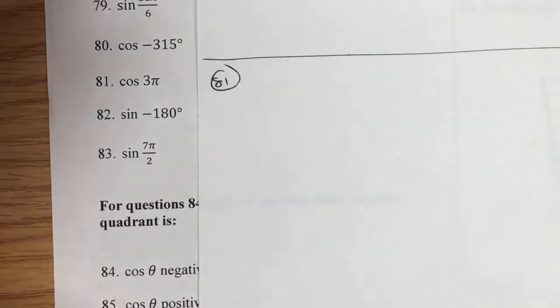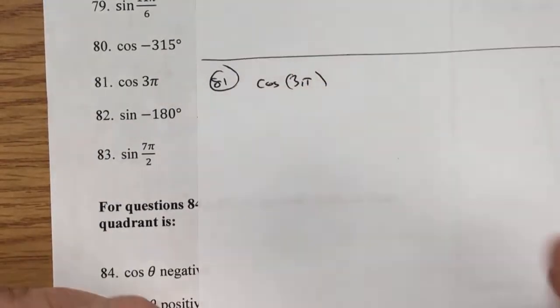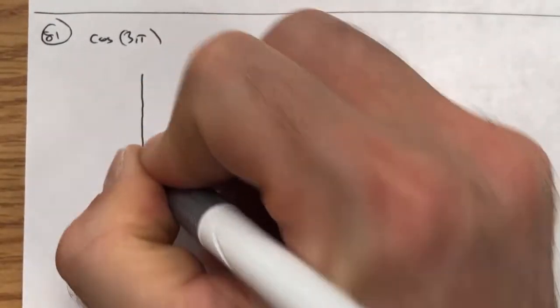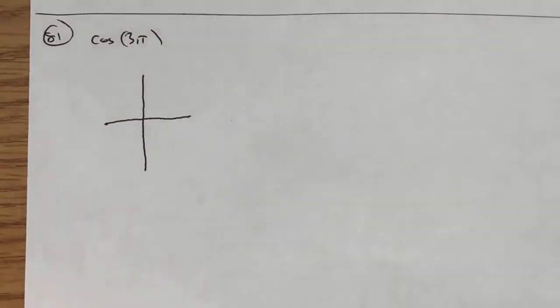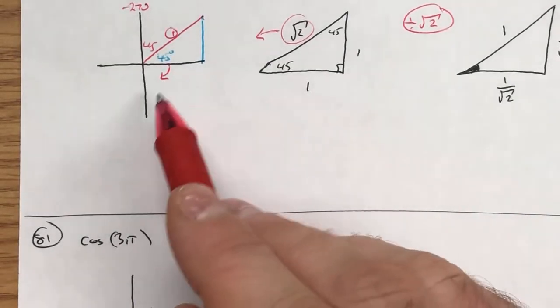Okay. So 81, I'm finding the cosine of 3 pi. Okay. So it looks like I'm dealing in radians right now. Okay. So what I know is that I'm heading in a positive direction, which means I'm heading anti-clockwise. I think I said clockwise before on this one, but that's actually anti-clockwise.